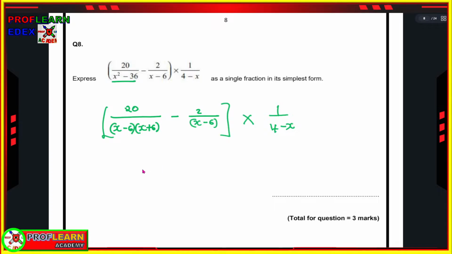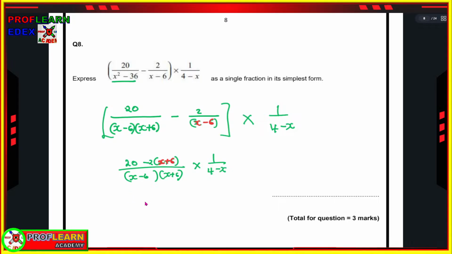So in that way, if we express it as a single fraction, this is going to be x minus 6 into x plus 6, and so this will be 20 minus 2 into x plus 6, and then we shall multiply by 1 over 4 minus x. I believe we are together. Why I've done x plus 6 here is because here we were having x minus 6.